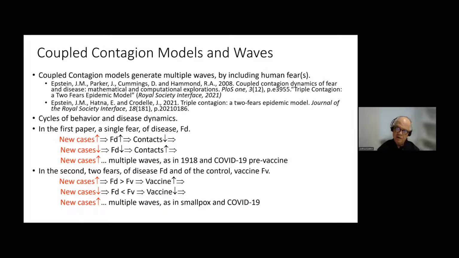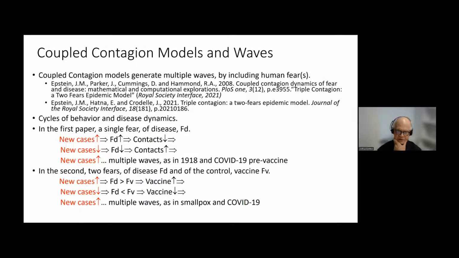But as before, when the vaccine goes up, the new cases go down and can reach the point that the fear of disease is now less than the fear of vaccine itself, and vaccine goes down. And now we get new cases because of low levels of vaccination. And again, this is a different mechanism of multiple waves. And I'll talk about this as historically, smallpox exhibits this very well.